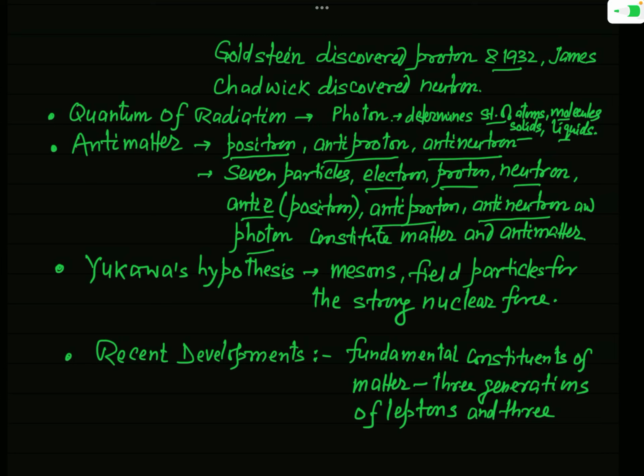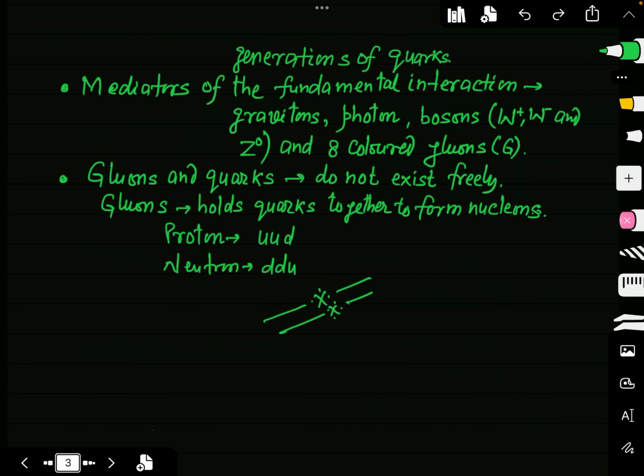Now, in fact, from the recent development of elementary particle physics, it is seen that the fundamental constituents of matter are three generations of leptons and three generations of quarks. So you can say that the recent studies say that the fundamental constituents of matter are three generations of leptons and three generations of quarks.